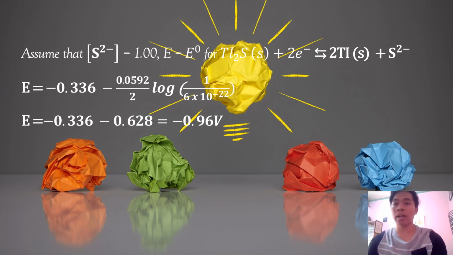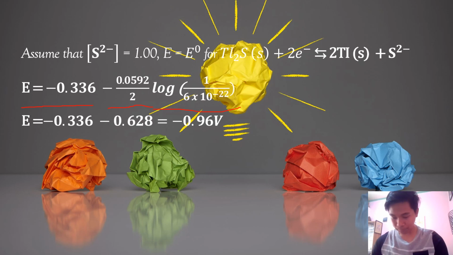Now that we have all the values that we need, we only have to input them. So E is equal to negative 0.336 minus 0.0592 over 2 times log 1 over 6 times 10 raised to negative 22.